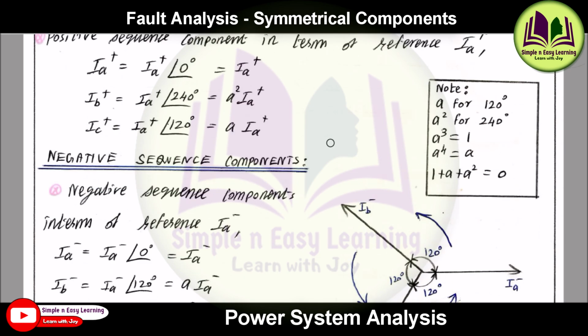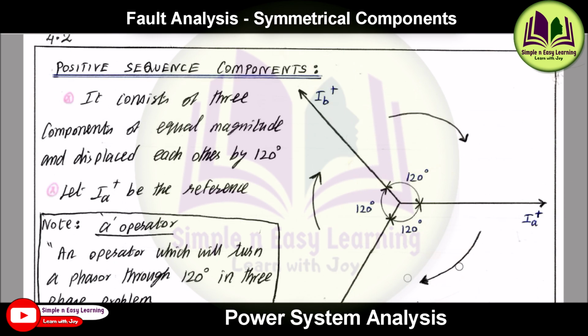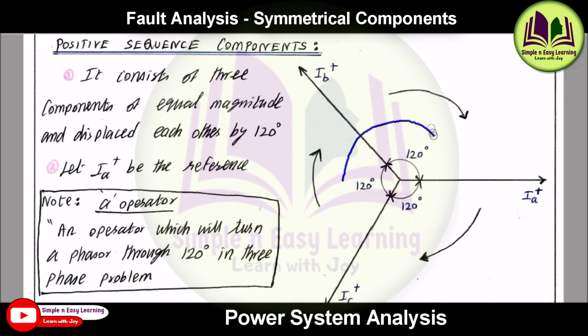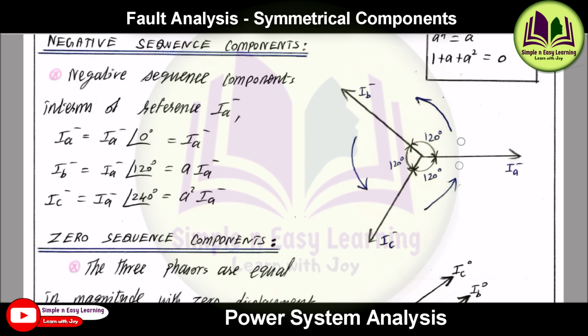Next, the negative sequence component. In the positive sequence component we rotate the sequence in the clockwise direction. In the next one it is the same thing, but we rotate in the anti-clockwise direction, and write the current values as IA minus, IB minus and IC minus to represent the negative sequence component.